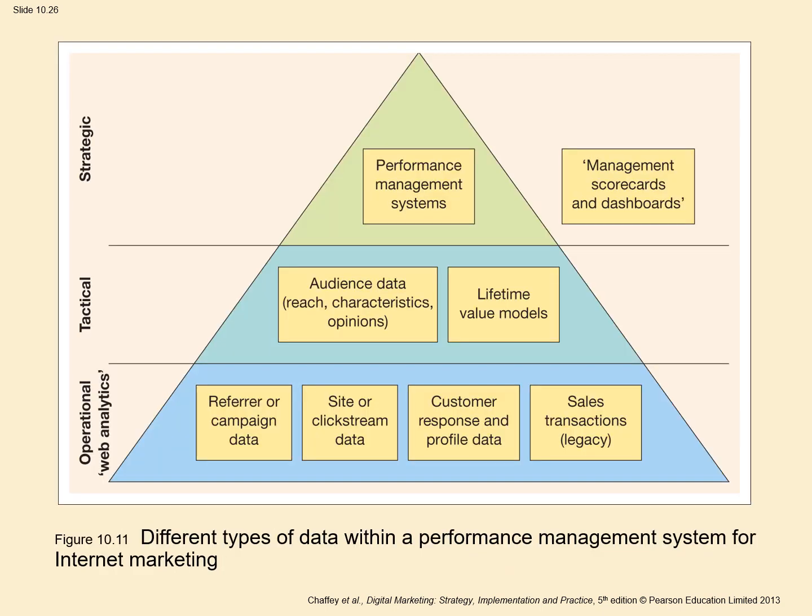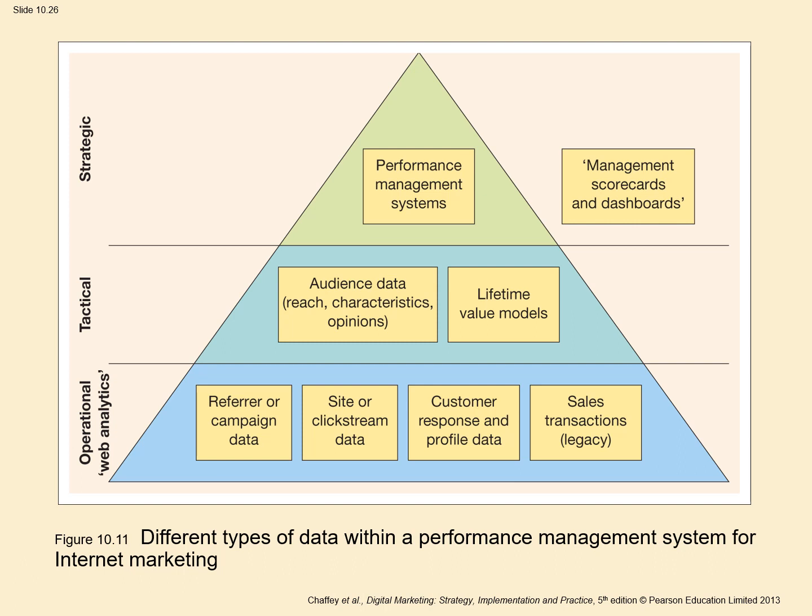On figure 10.11, you can see different types of data within a performance management system for internet marketing. The strategic level is usually done by those who sit at the top of management. Tactical is usually done by the managers, and the operational is usually done by the staff or operational management.